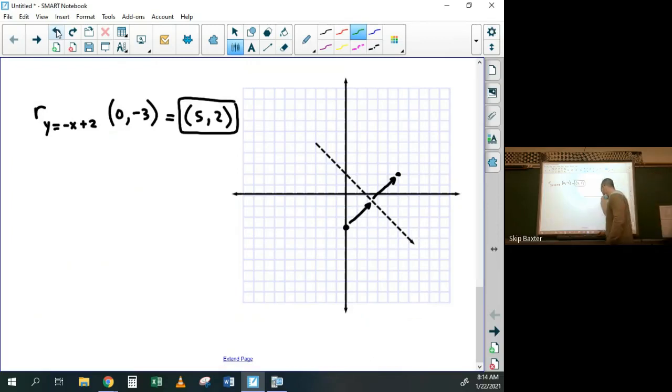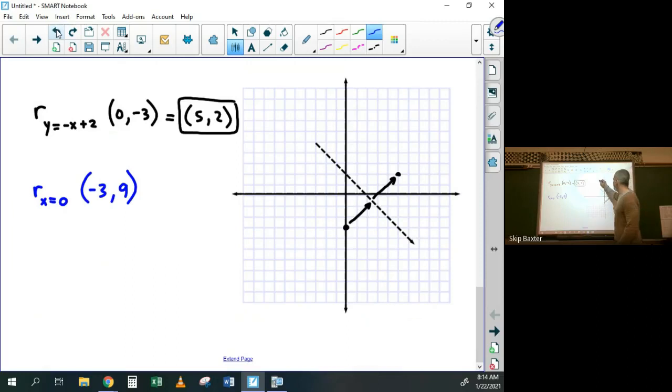All right, what if it was something like reflection across the line x equals 0, and the initial point is -3, 9.